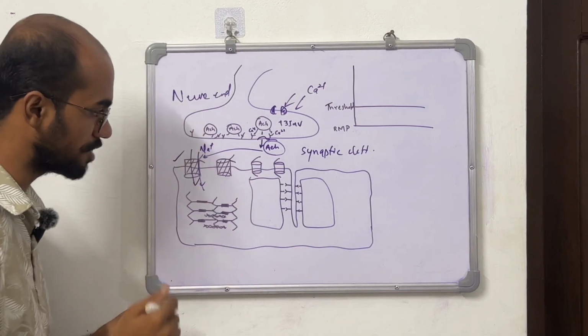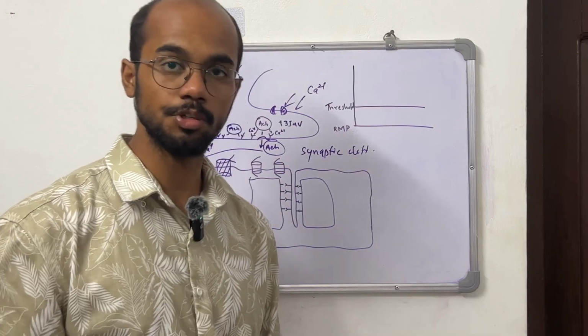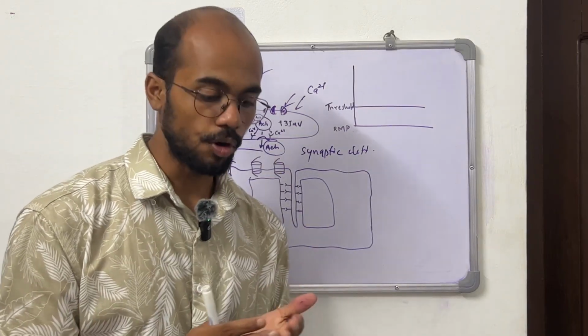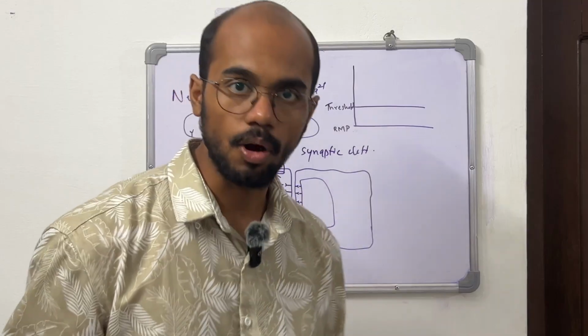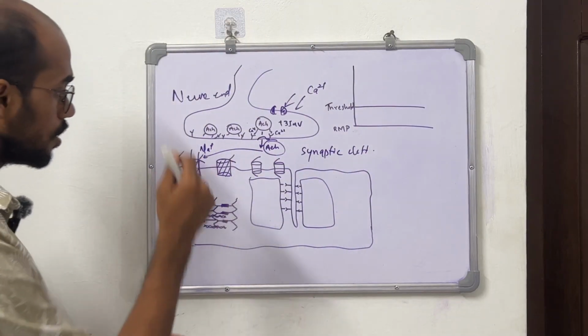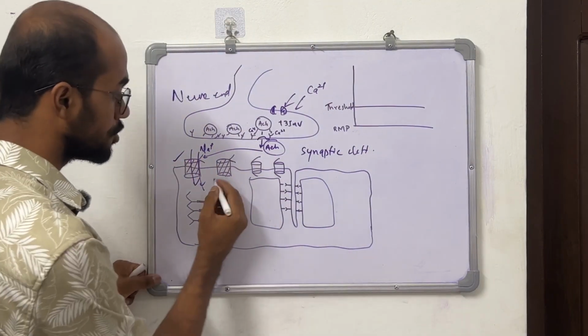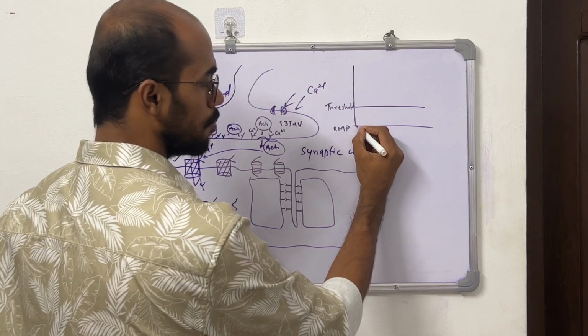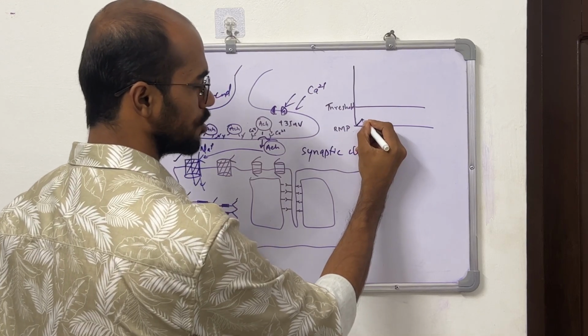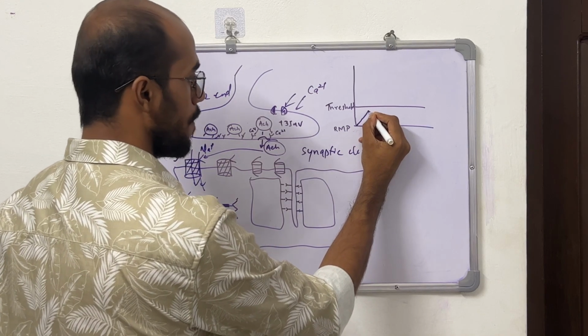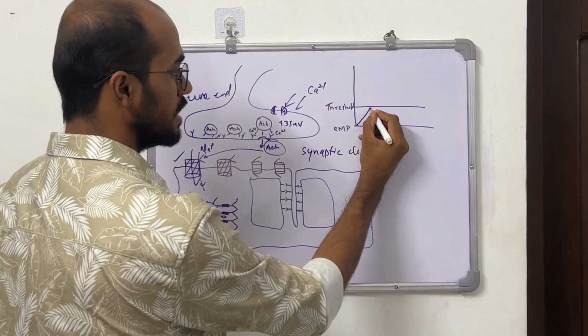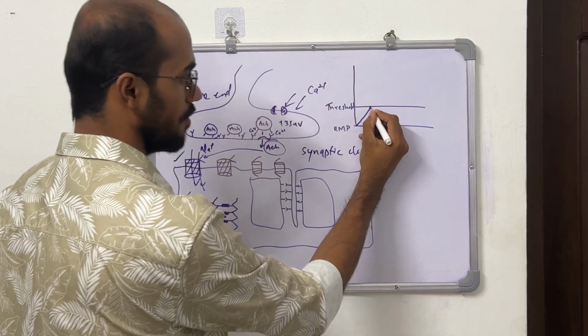And when sodium influx occurs, what happens? The cell starts to become more positive, or in other terms, it starts to depolarize, right? And as the cell starts to depolarize, the membrane potential becomes more and more positive, and what happens when it reaches the threshold level?